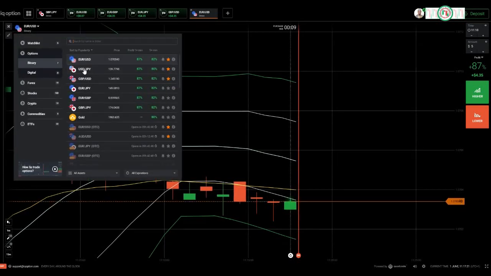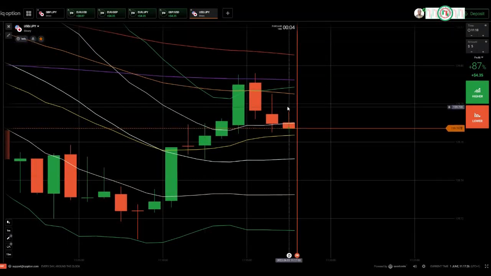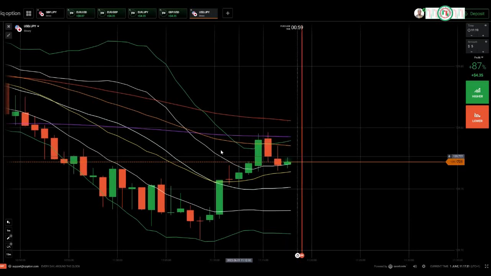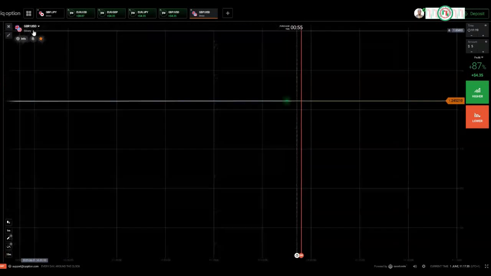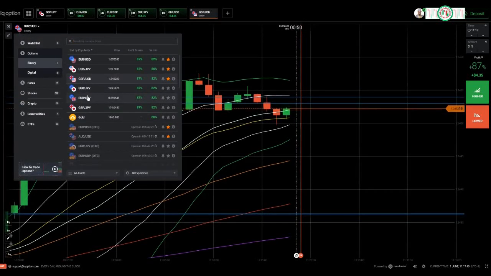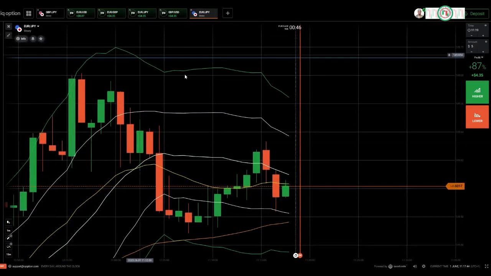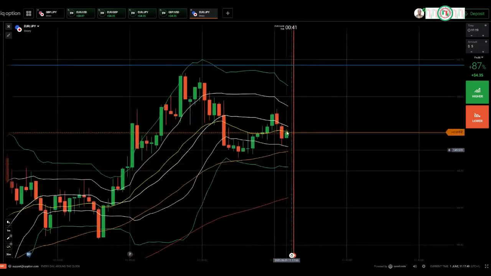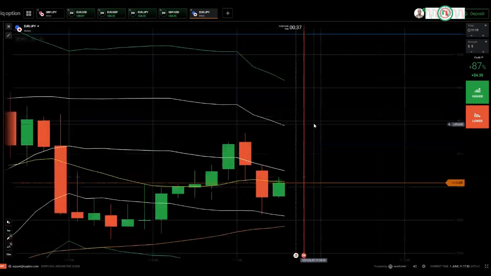This is a risky market. Let me change. This is a retracement up to a long uptrend.